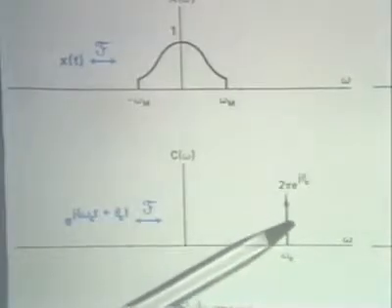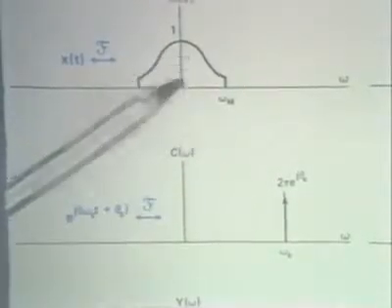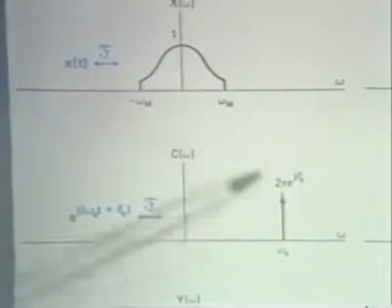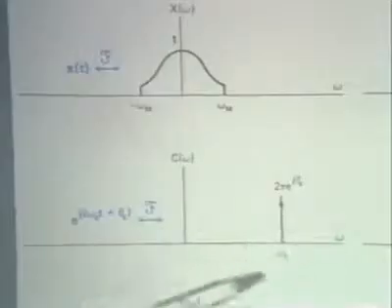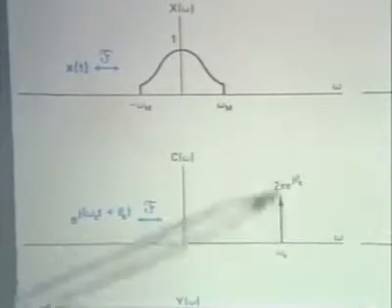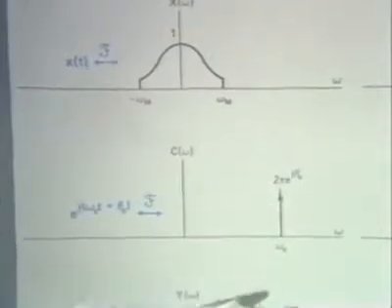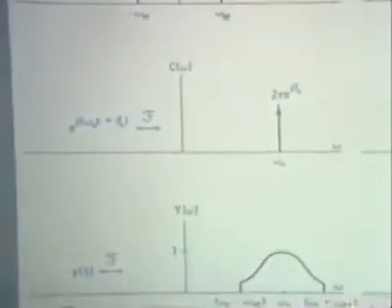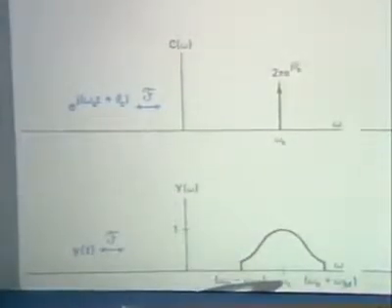So now if we multiply in the time domain, we convolve in the frequency domain, and as you know, convolving a signal with an impulse just shifts that signal to the location of the impulse. And so as a consequence, and taking care of various factors, what we end up with is a spectrum that is centered at the carrier frequency omega sub c.